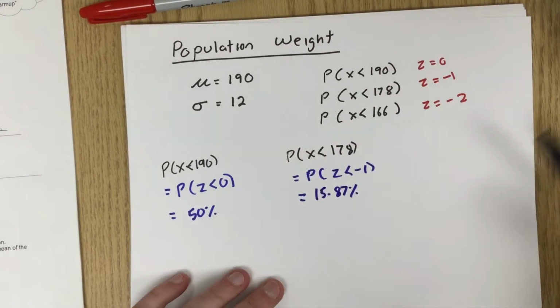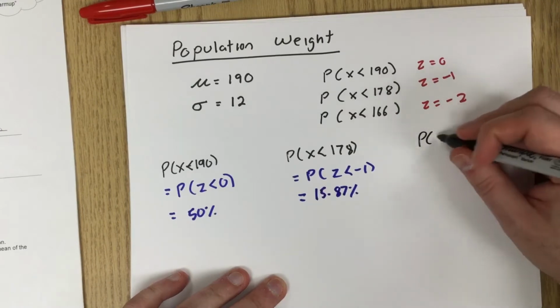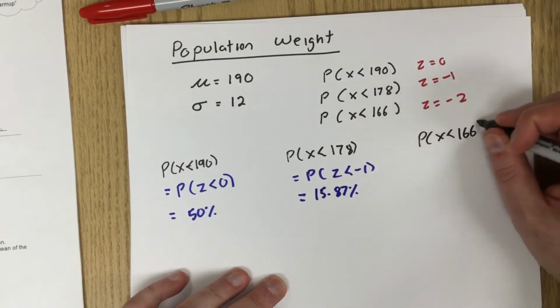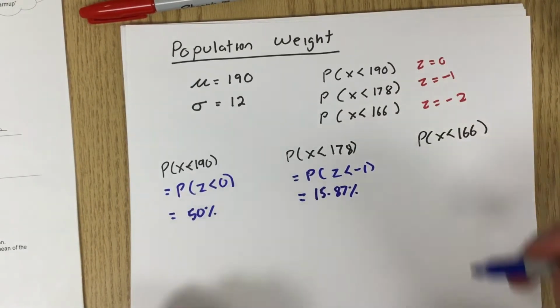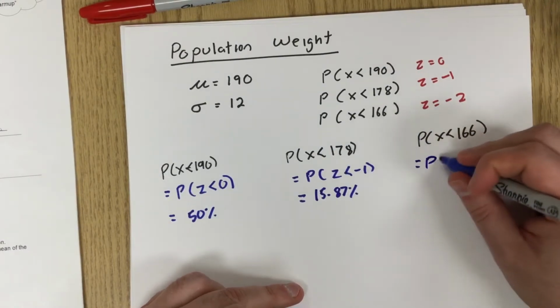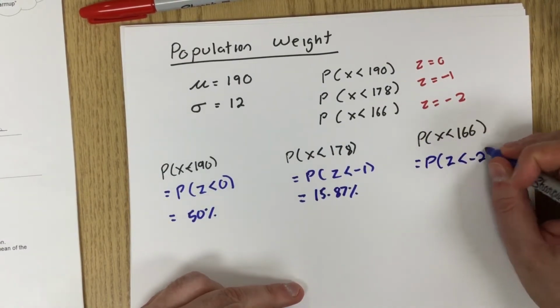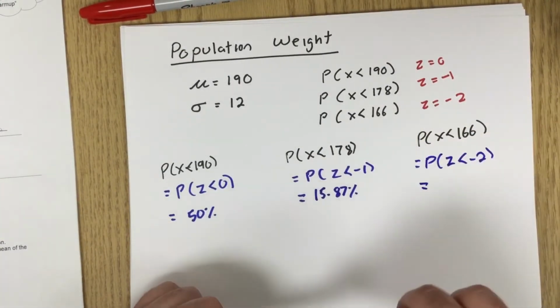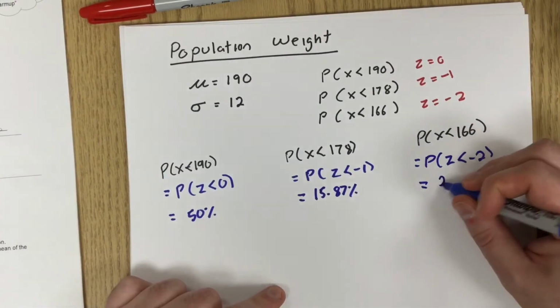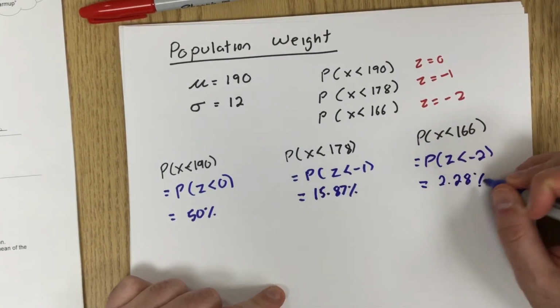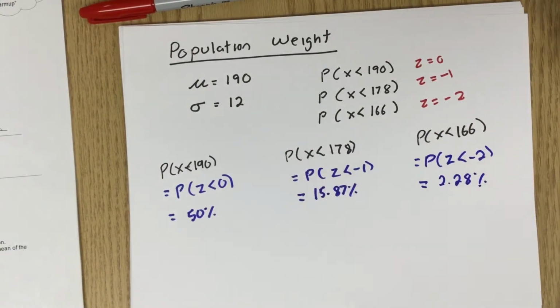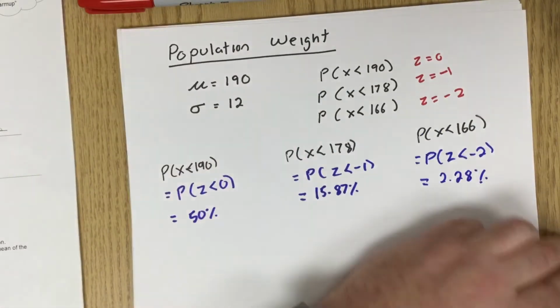And then the probability that x is less than 166 is the probability that z is less than -2, which is 2.28%. Okay, nothing that exciting there. Let's keep these numbers in mind though.